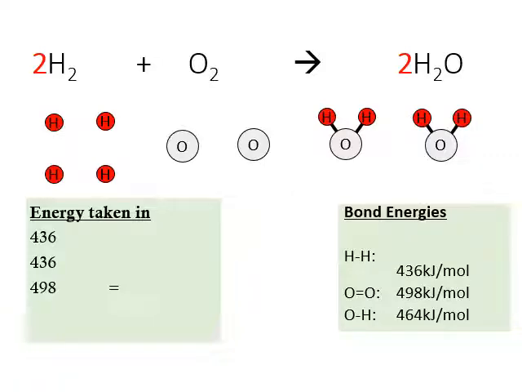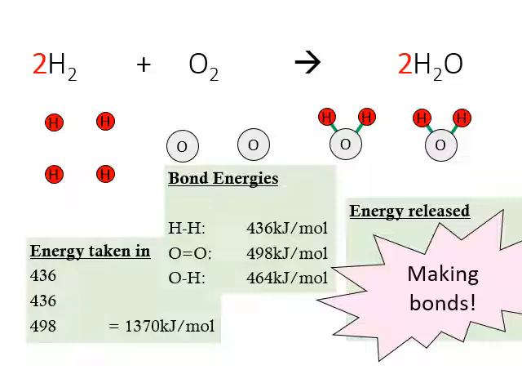Looking at my bond energies, I then know that I need to add 2 lots of HH, so 436, add 436, add an O double bond, so that's add 498, and that will give me the total energy taken in that reaction. If you add those three together, you work out that you need 1,370 kilojoules per mole to break those bonds.